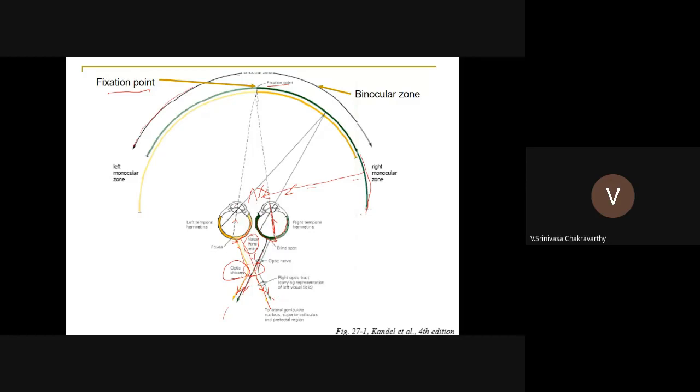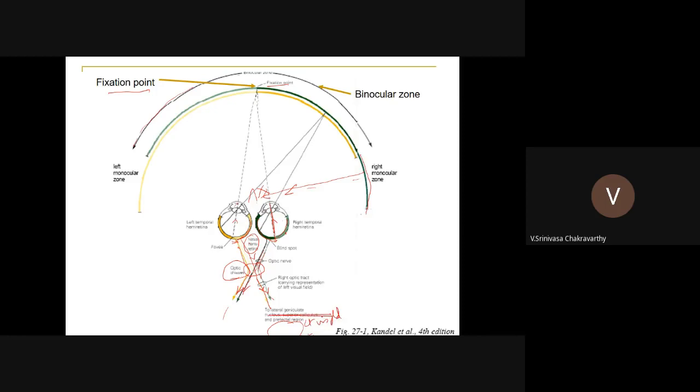This is left visual field information. It is also left visual field information. These fibers and these fibers are now rerouted and recombined in such a way that the right brain has all the information. So this is the right brain, and the information it is getting is from the left visual field.